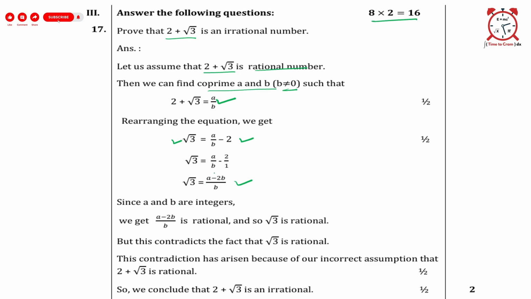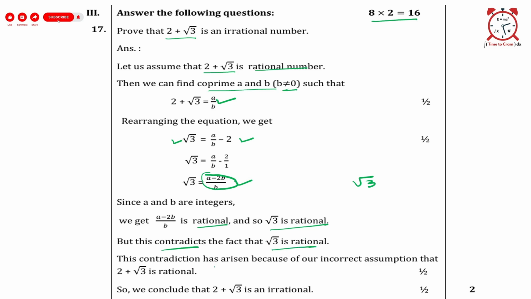So here the RHS will give us a rational number because a and b are integers. So RHS is a rational number. So RHS is equal to root 3. So root 3 is also a rational number. But we know that root 3 is an irrational number. So this contradicts the fact that root 3 is a rational number.